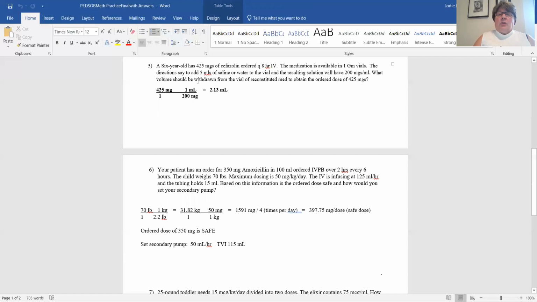What volume should be withdrawn? So your order is 425. You have 200 milligrams per milliliter. You just do the math. That's a really straightforward problem: this is the order and how are you going to deliver that?